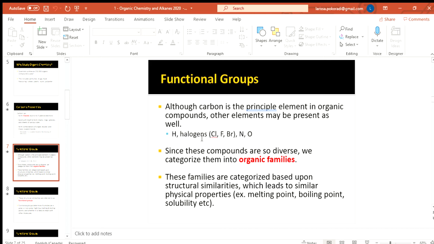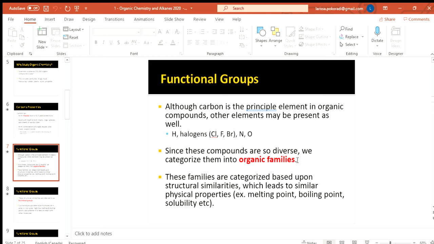Which elements are present and how those elements are bonded into our chain are called something different. What we'll be calling them are functional groups, which make different organic families. The purpose of being able to identify a functional group in an organic family is that they share similar properties, just like any other family.